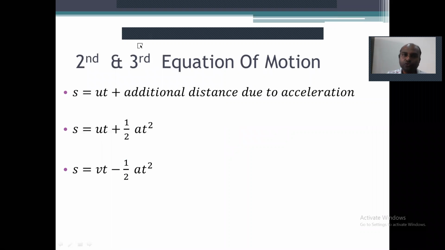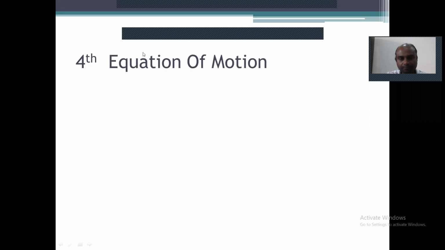Now let us move on to the fourth equation of motion and let us try to understand its significance. Alright, the fourth equation of motion is nothing but a restatement of the concept of average velocity, right?